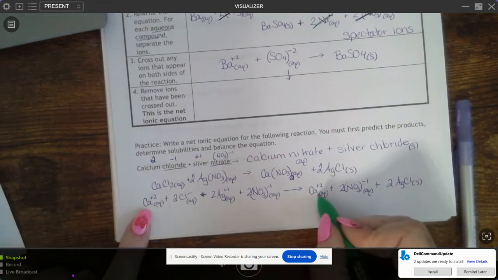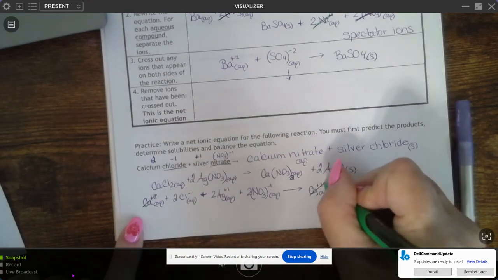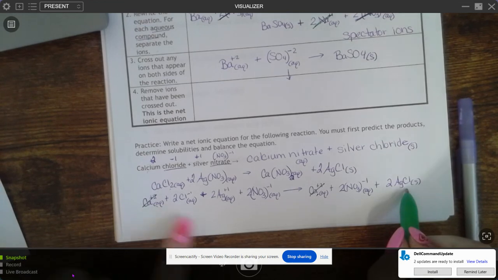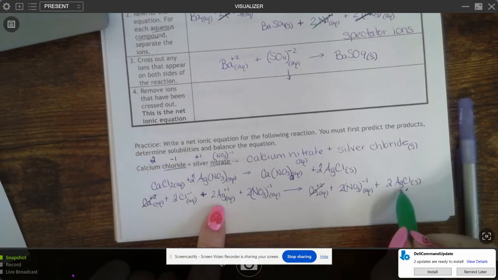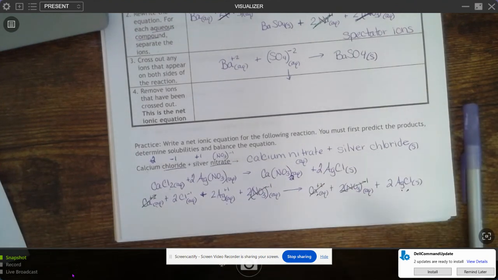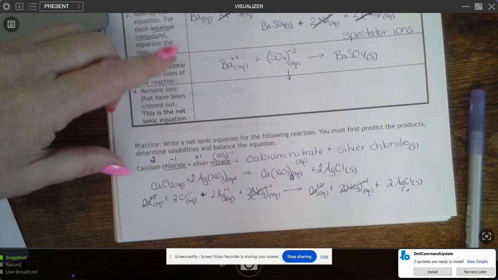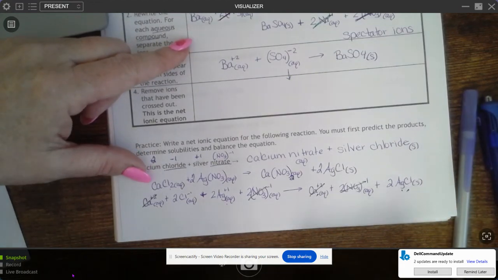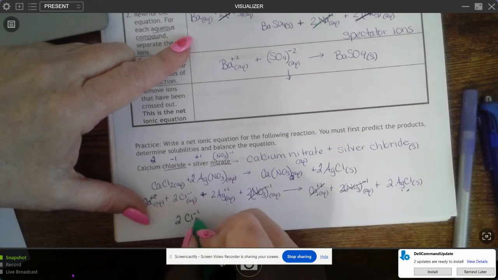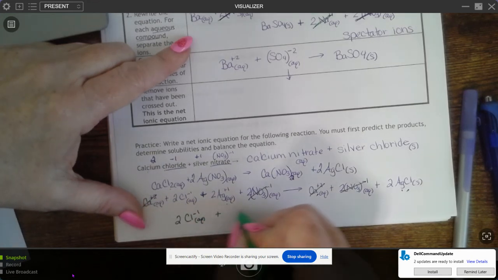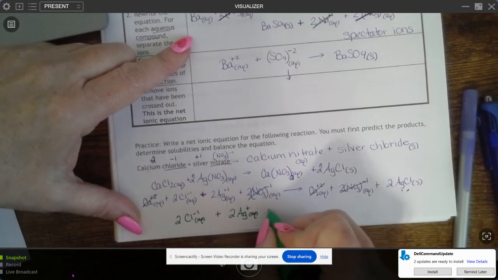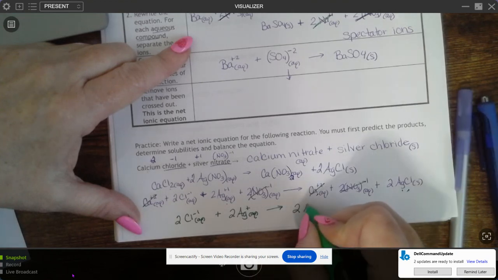I have calcium on both sides, so I'm going to cross through calcium. I have chloride, but chloride's part of the compound over here, so I can't cross through that. I can't cross through silver, but I can get rid of the 2 nitrates. So now my net ionic equation is 2 chloride ions plus 2 silver ions.